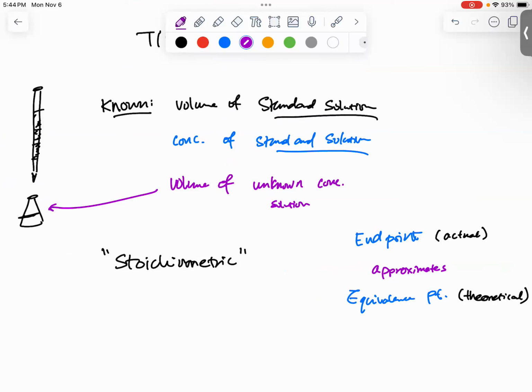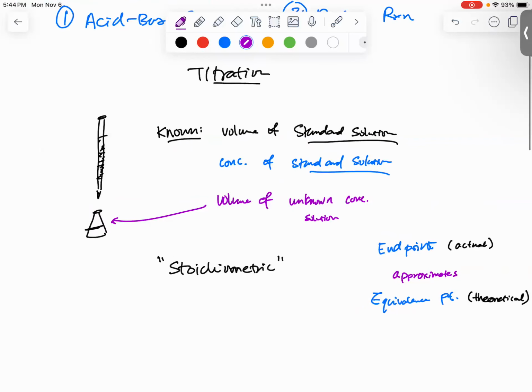If we let too much of the standard solution go into the flask, that means we will overestimate the number of moles needed, and therefore we will overestimate the concentration of the solution. So this is also one type of lab question that you might anticipate for this unit.